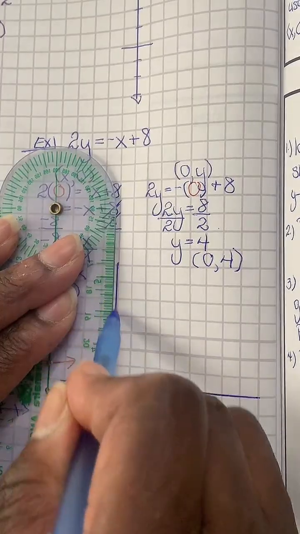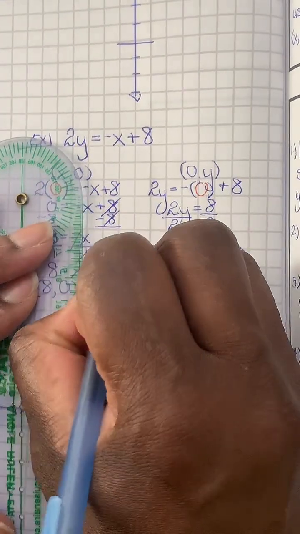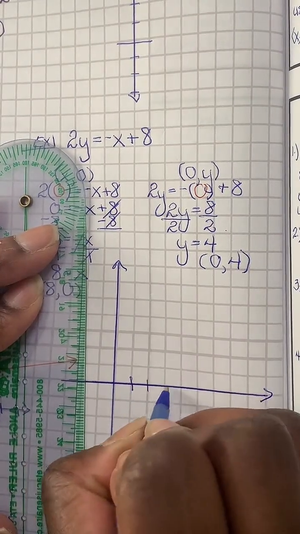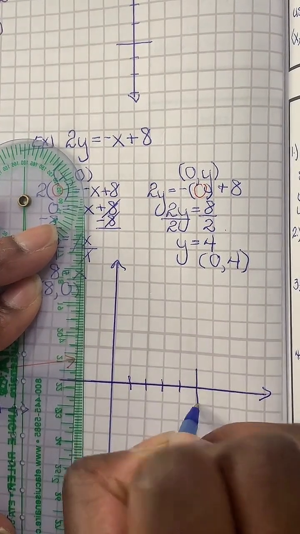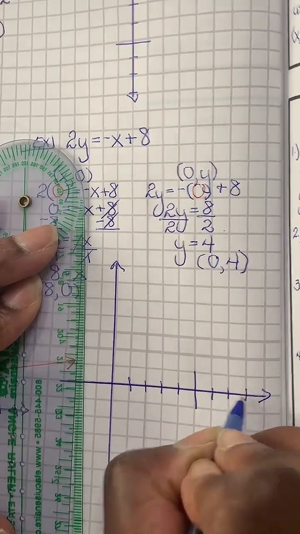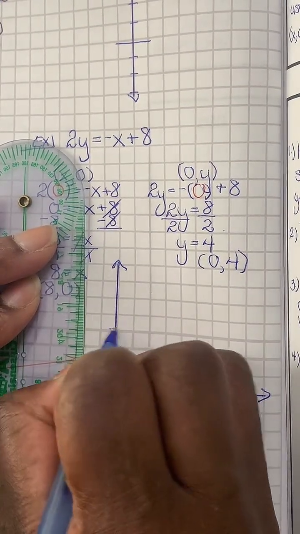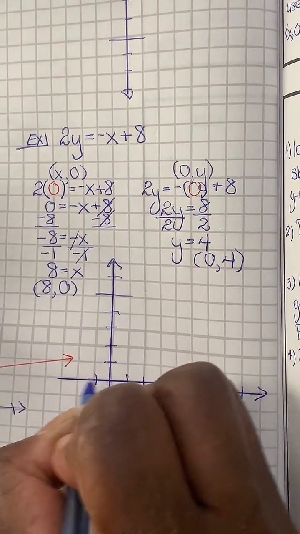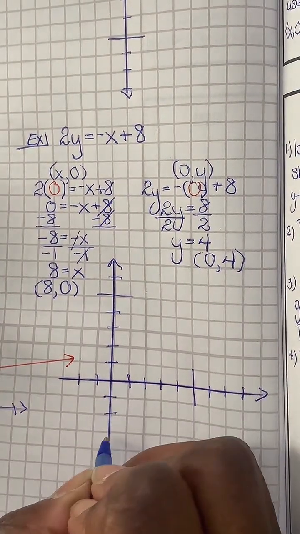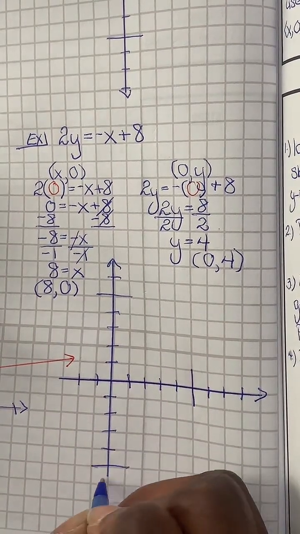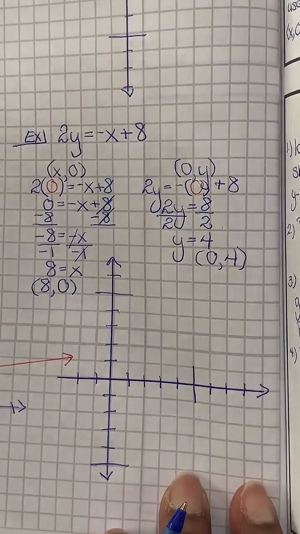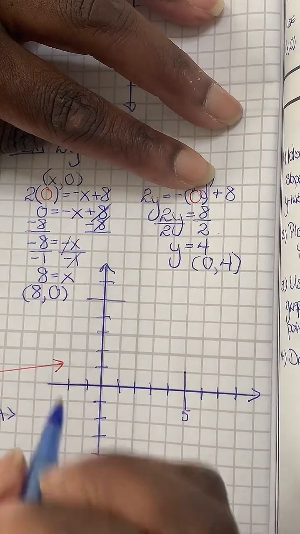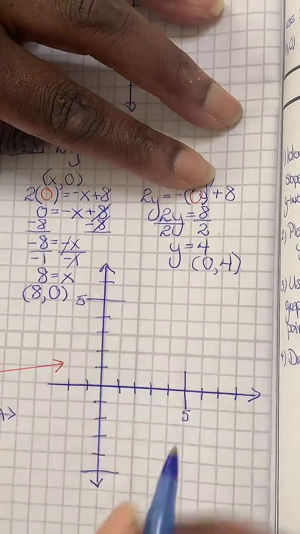I'm going to stick about here. So that's my 1, 2, 3, 4, 5, 6, 7, 8. 1, 2, 3, 4, 5, 6. And we don't have any negatives, so I don't really have to worry about them. Okay, so my 5s are a little bit longer, so it's easier for me to find them.